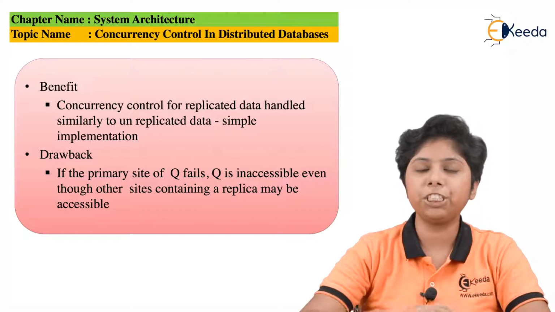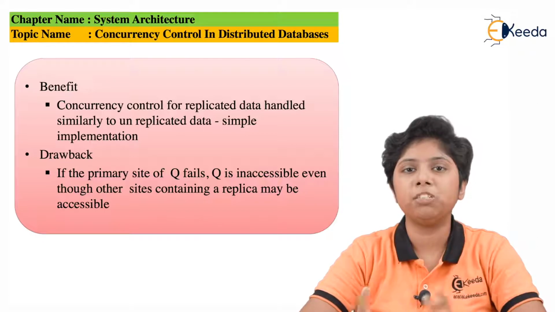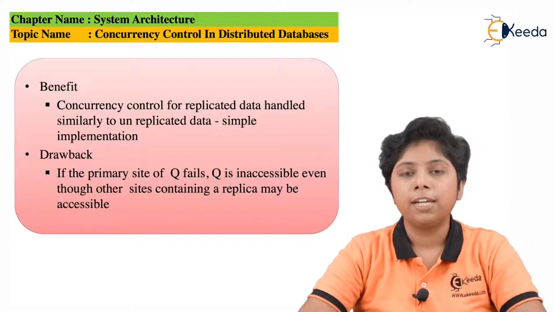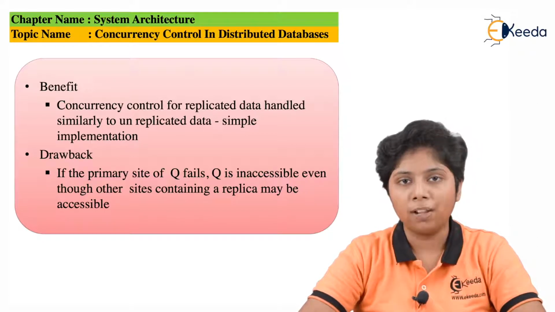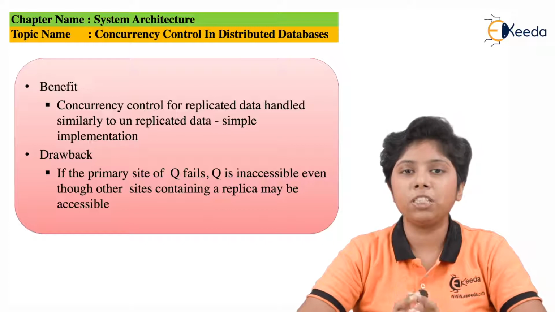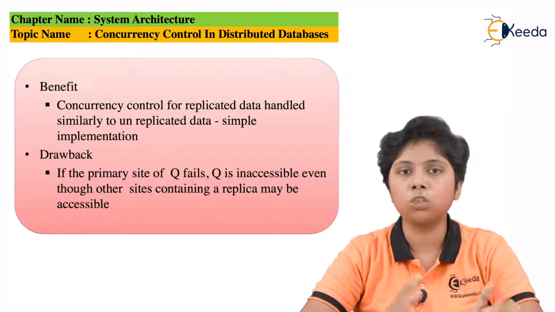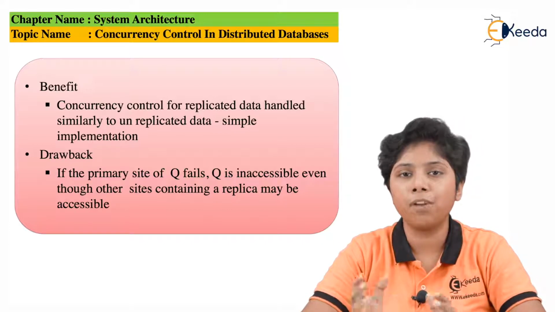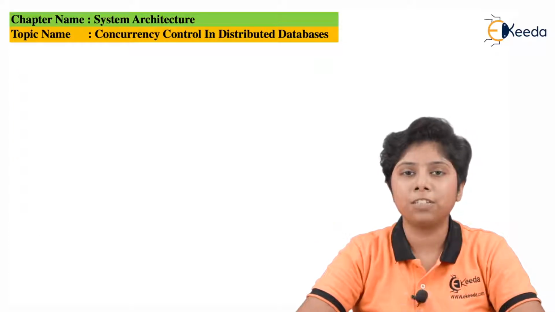Now one variation of the primary copy is the majority protocol. In this majority protocol, if there are n different replicas of that particular database, then we need at least half of n plus one copies to grant the lock.